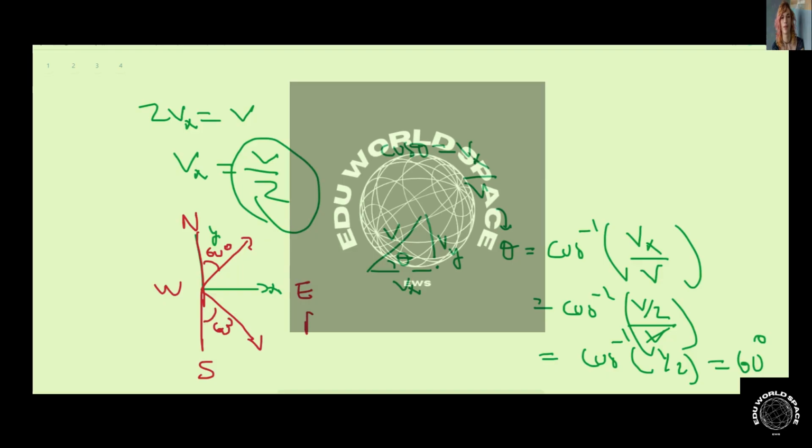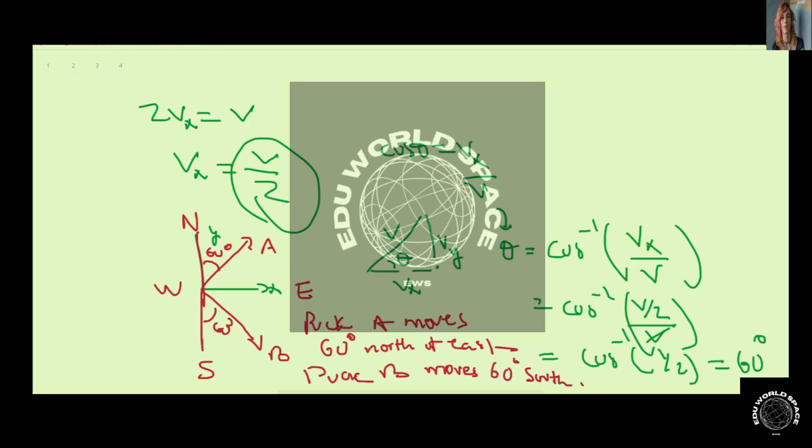So this is pack A, and this is pack B. Pack A moves 60 degrees north of east, and then pack B moves 60 degrees south of east. So that's what we have in this problem.